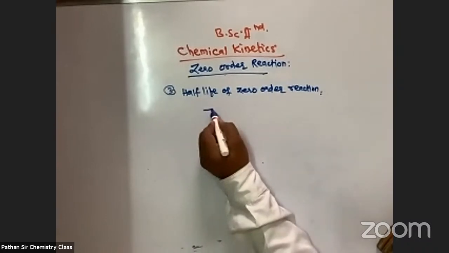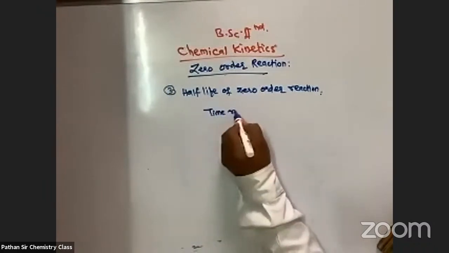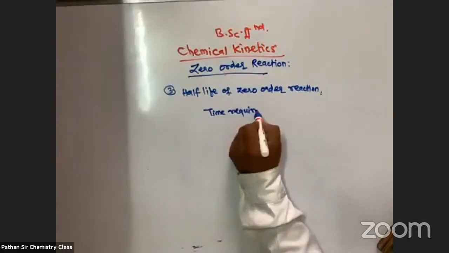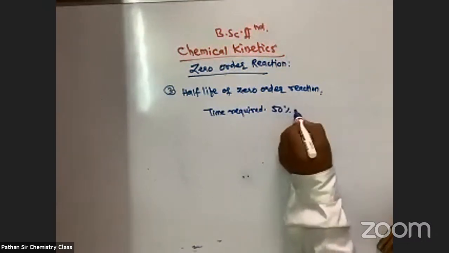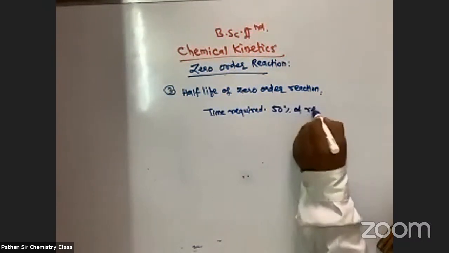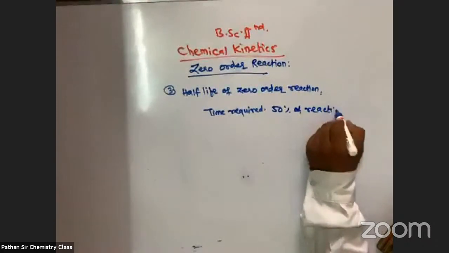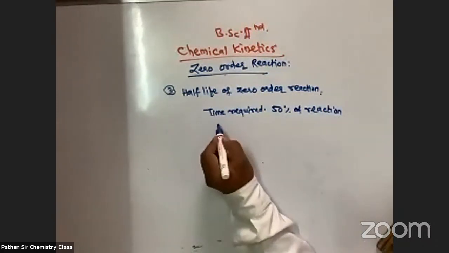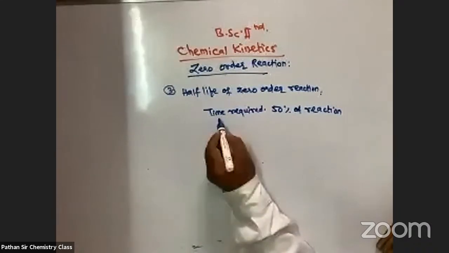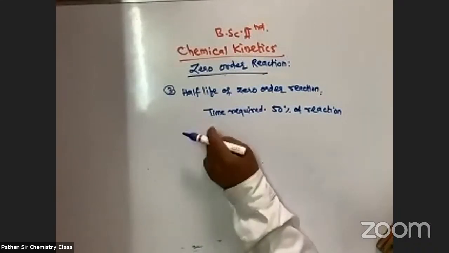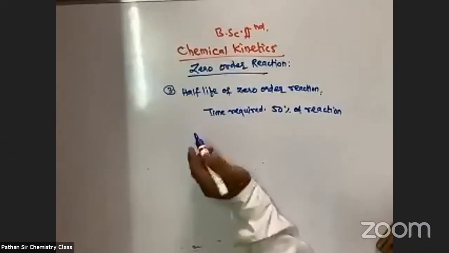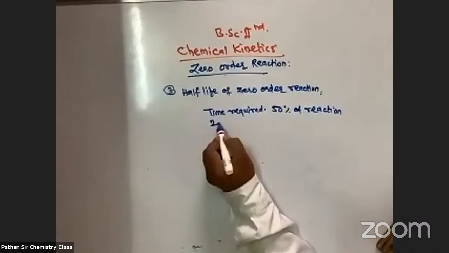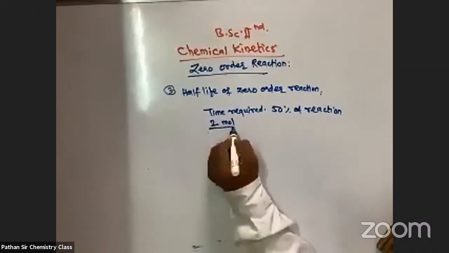The time required to complete 50% of the reaction, or to reduce the initial concentration to 50%. The time required to reduce the initial concentration of the reactant to 50%, that much time is known as the half-life of the reaction. For example, you have taken 2 mole of initial reactant.